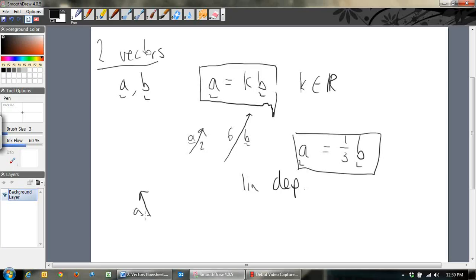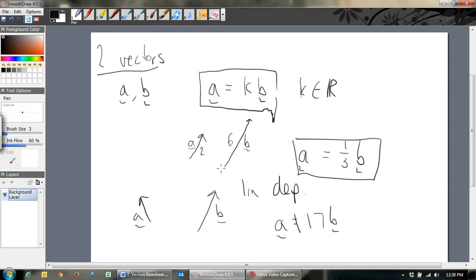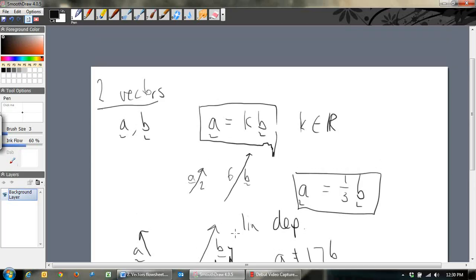We've got A here like that, and we've got B like that. Can you see how there's no way we can write A in terms of B? We can't write A is equal to, I don't know, 17B or anything like that. There's nothing we can do to B in a linear sense. We can't multiply it by some number to get A. So that never happens, and so these two vectors are linearly independent.